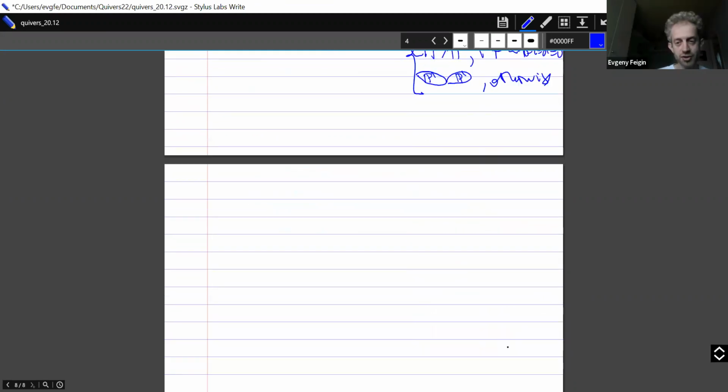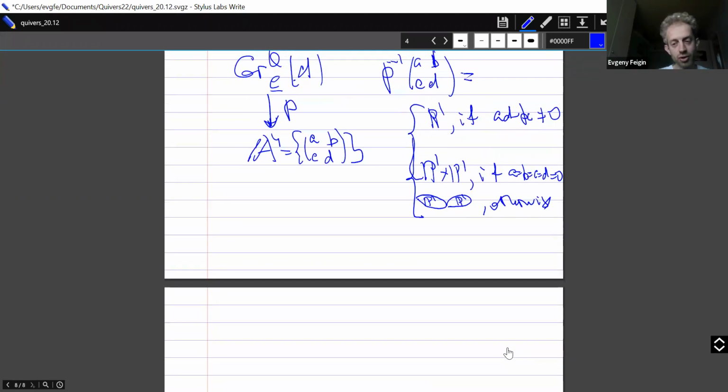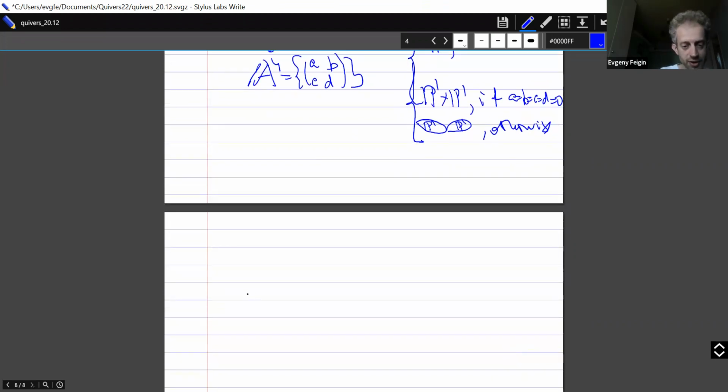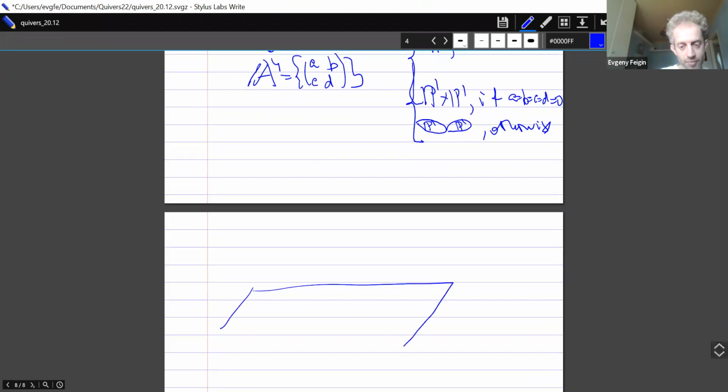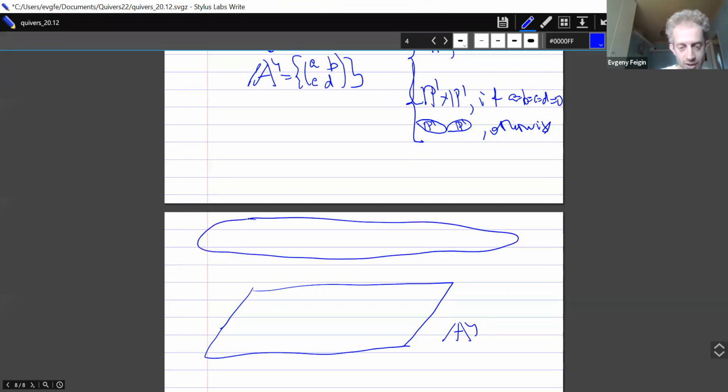Okay, so let us draw the picture. So you have this A4, and here you have a large universal Quiver Grassmannian. Then over a point 0, you have a two-dimensional thing, which is just P1 times P1. So you see it's of dimension 2.